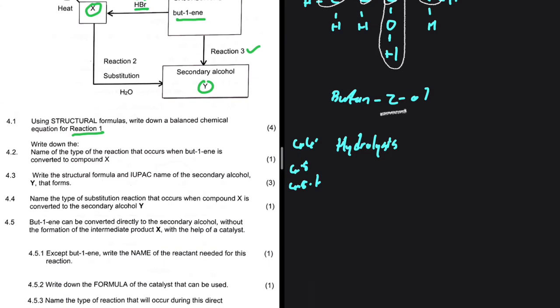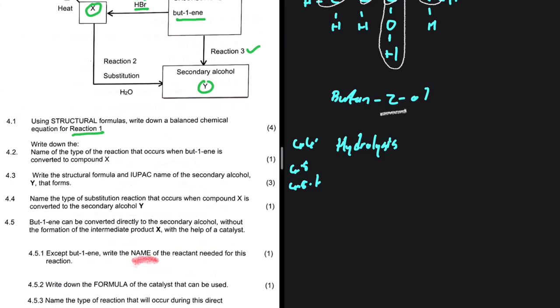But they don't say that in 4.5.1 because it is asked in 4.2. So if they tell you what it is, then you can say, oh okay, it means that the answer to 4.2 is addition. What do you need to add to but-1-ene in order to have an alcohol as your product? You need to add H2O, but they say the name.